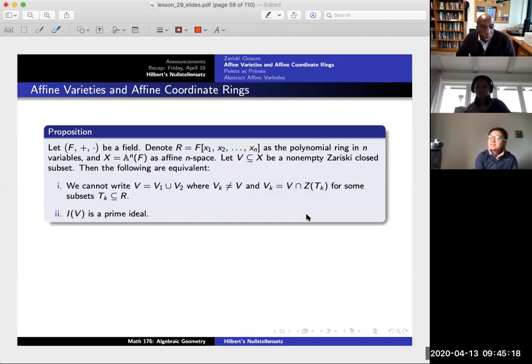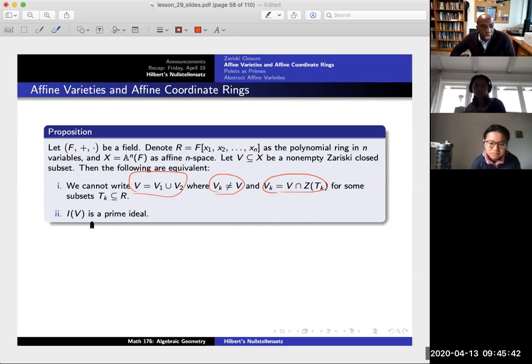So the following two are equivalent. I cannot write V as the union of two proper Zariski closed subsets. Proper just means that each one of these is not V, and Zariski closed just means that it looks like the zero set of some collection of polynomials.